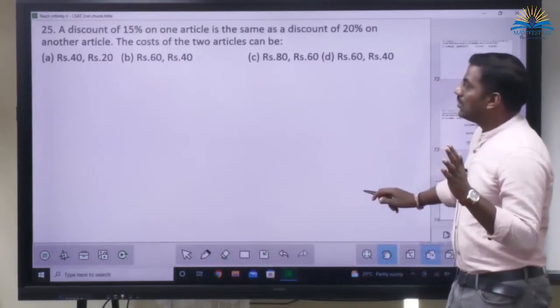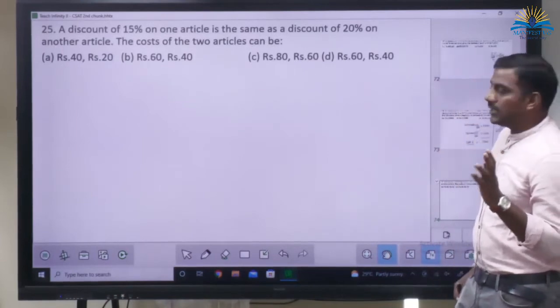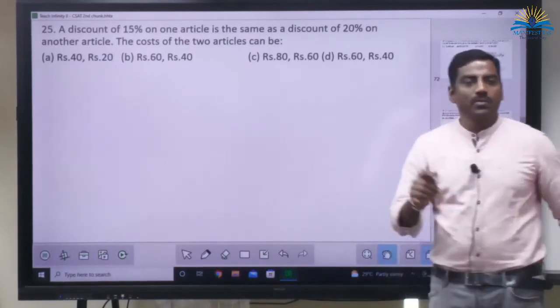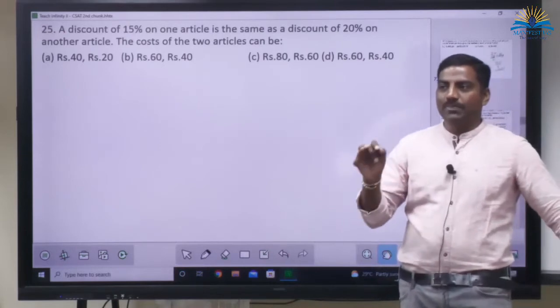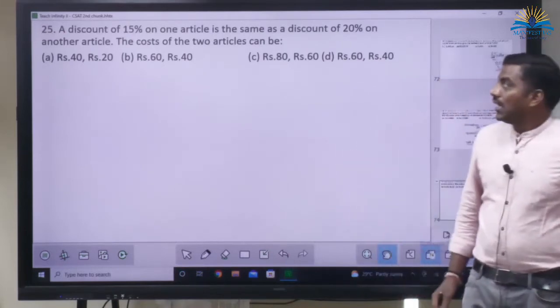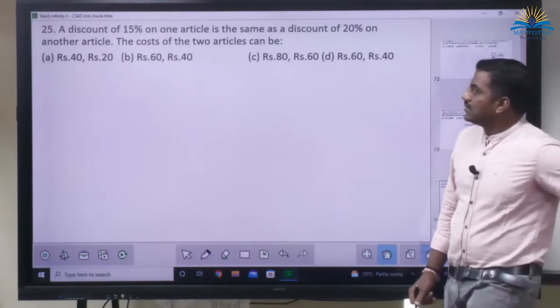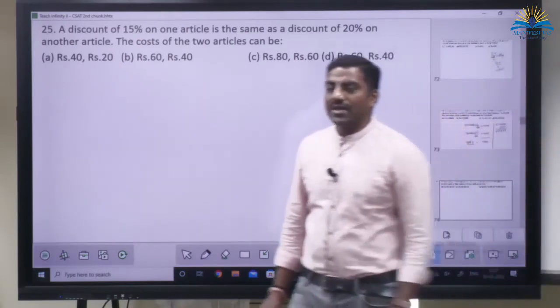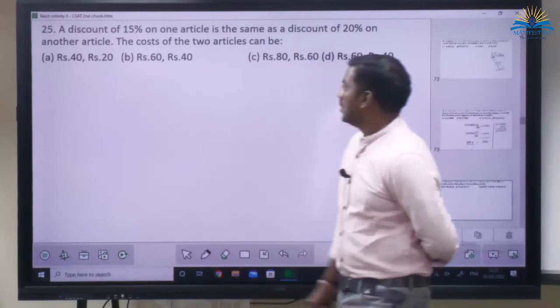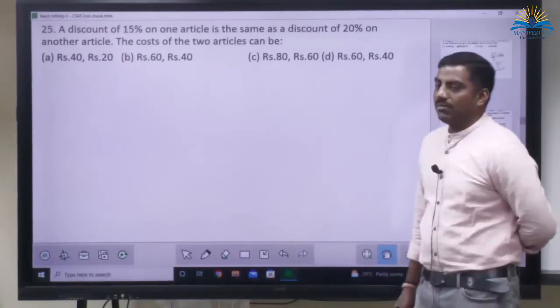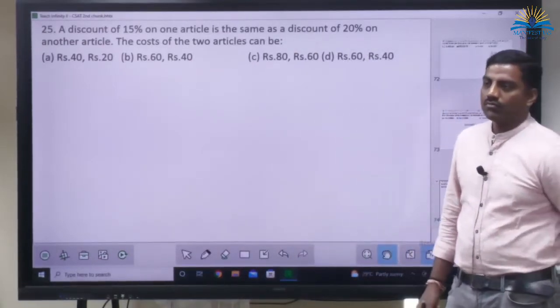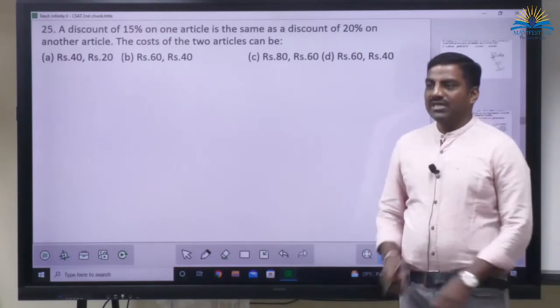A discount of 15% on an article is the same as a discount of 20% on another article. See, this problem is not to be solved by pen and paper. Now tell me, there are two articles.